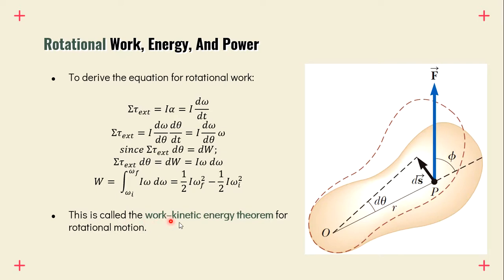So this is called the work-kinetic energy theorem for rotational motion. Basically, work is just equal to 1/2 I times (ωf² minus ωi²). This is similar to 1/2 mv², right? So you can also use this for kinetic energy.